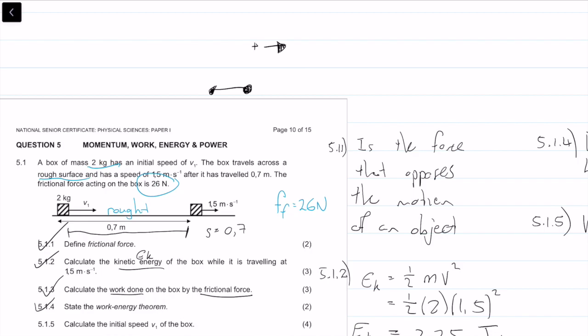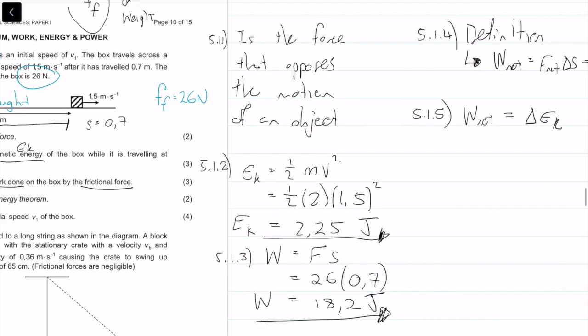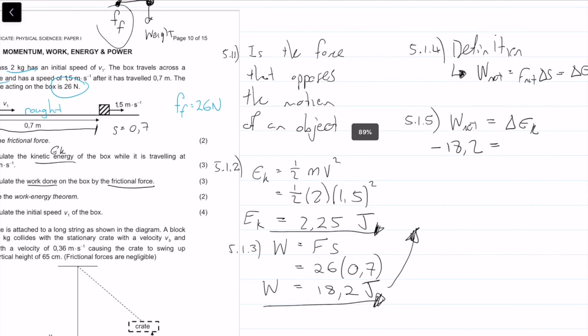Our net force is going to be the force friction, the only force acting. We've obviously got weight, and we've got a normal force. Okay, so if we look at the forces acting in the horizontal plane, we just have the force friction. And the force friction is going to be in the negative direction because of our sign convention. So the work net is also going to be negative, therefore, because it's acting against the motion. So we have minus 18.2, which is what we calculated before, is equal to our change in kinetic energy.